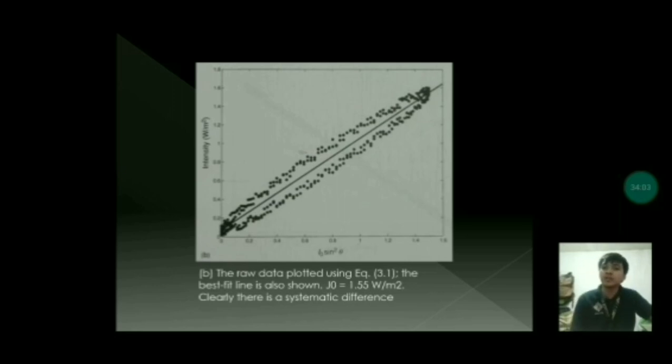Clearly, there is a systematic difference, because an inspection by eye suggests that the data are not strongly linear, although the correlation coefficient is 0.9841. There is clearly systematic error, as the deviation from a straight line is maximum in the center of the plot.